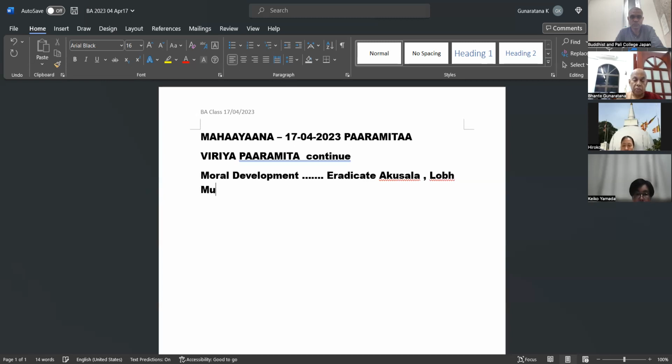Lobha mula, dosa mula, moha mula. Lobha, dosa, moha are the roots. To eradicate roots, to uproot, someone needs very heavy morality, very heavy moral content.